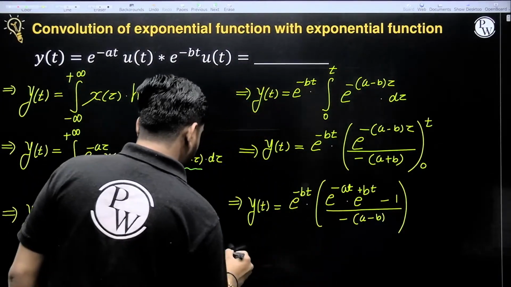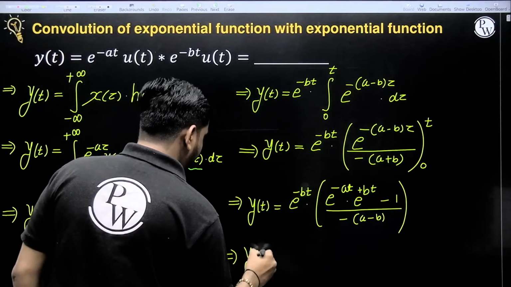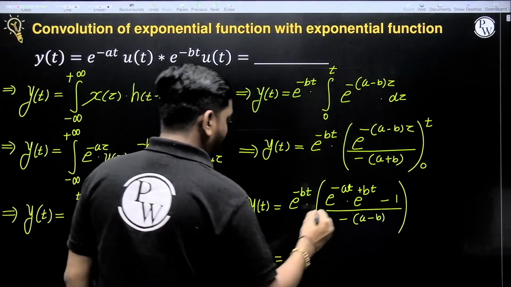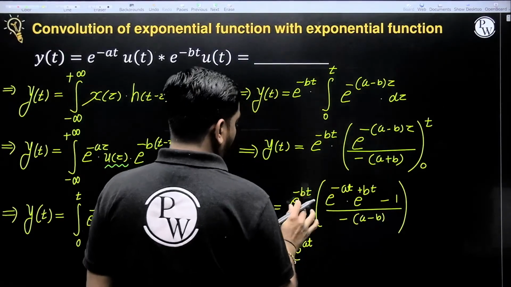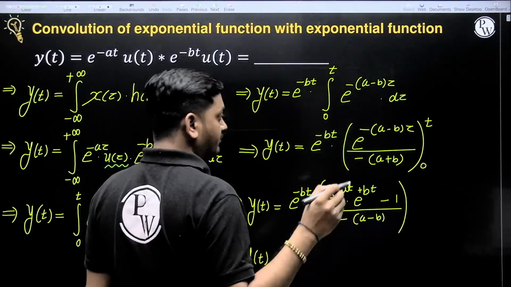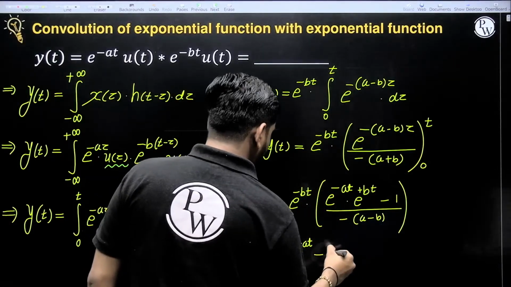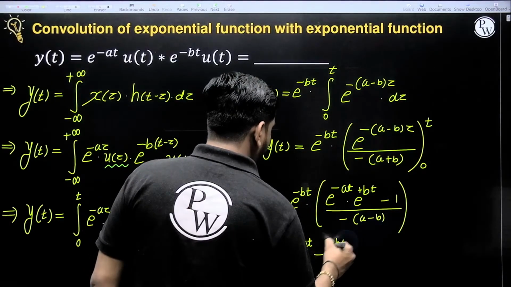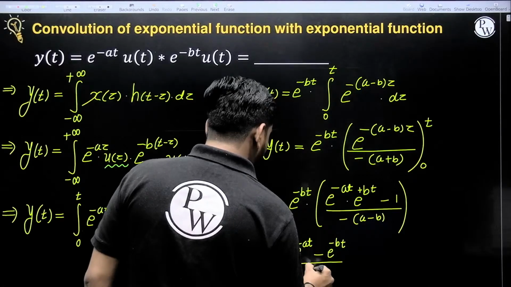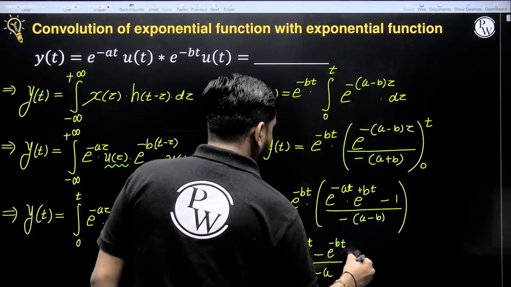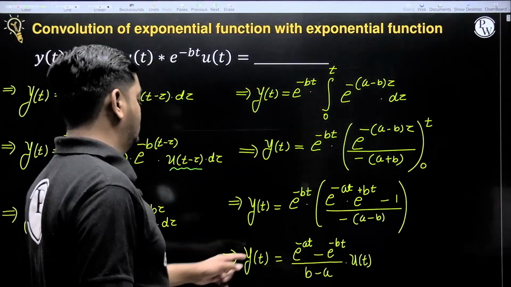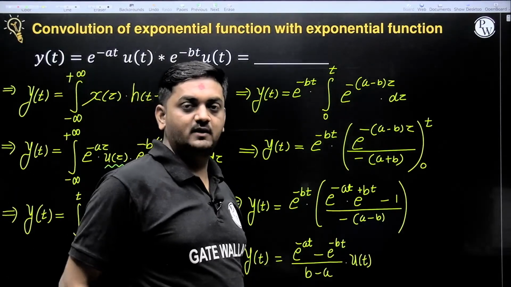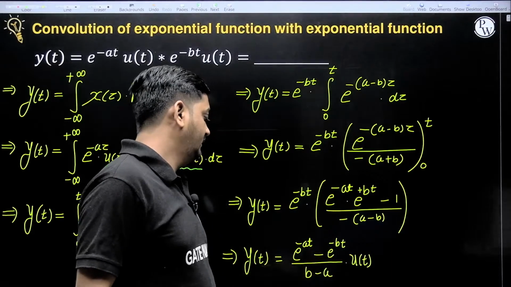So y of t will be e to the power minus at minus e to the power minus bt divided by b minus a, for t greater than 0. So this is y of t. Correct? Fine.